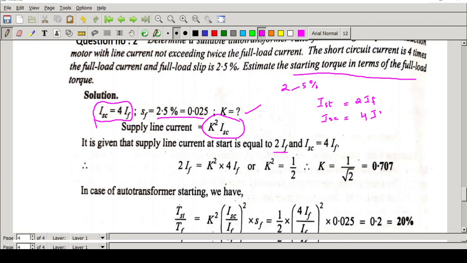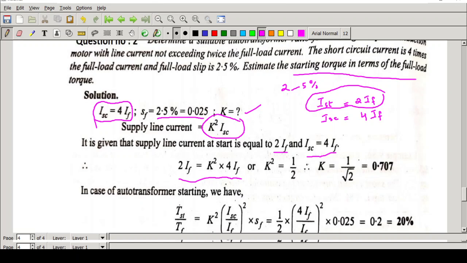These two relations are given. So ISC, that is the current at starting time flowing through the stator winding, is given as 4 into IF. And another relation is given, the supply line current IST is equal to twice the full load current. So using those equations we will get this one.